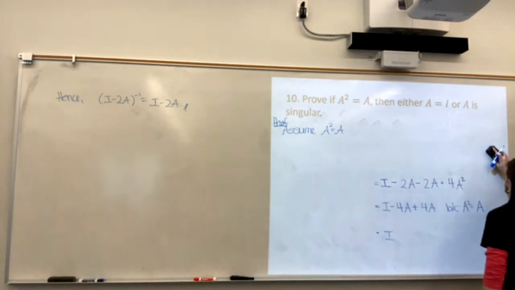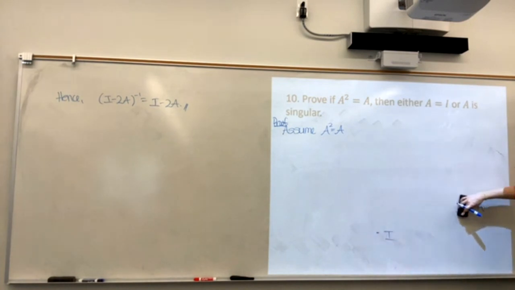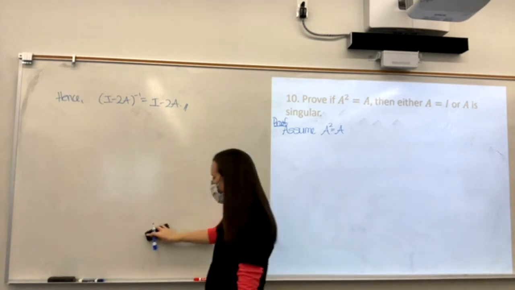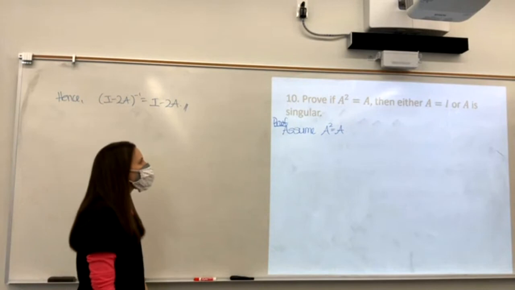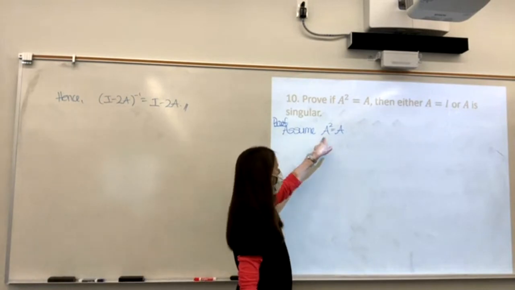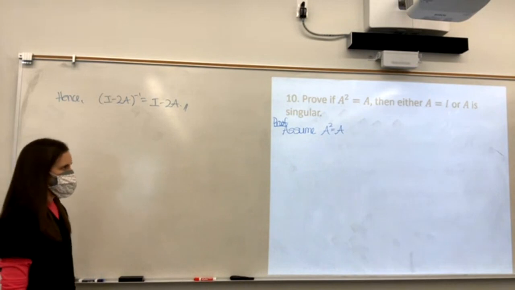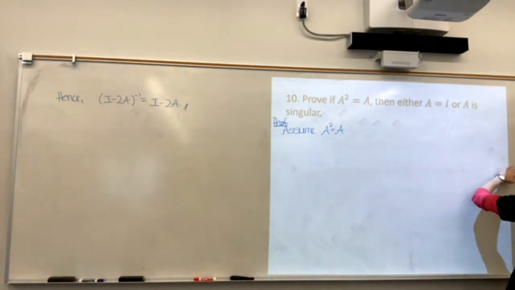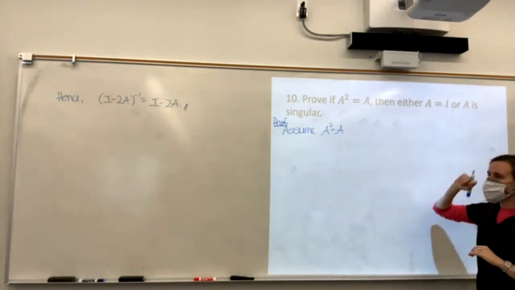So prove that if A squared equals A, then either A is the identity or A is singular. Okay, so what's our assumption? We're assuming that A squared equals A. So let's start with that. Now we've got to show either A is the identity or A is singular.